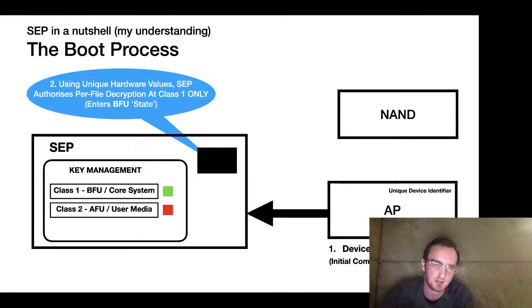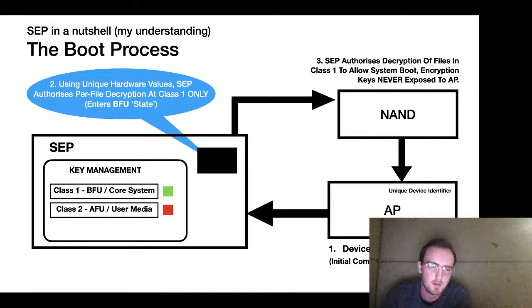All the media files and all the user's data could be marked as class 2 files. So rather than a system where we have to boot into a partition and enter in our PIN and then everything gets decrypted, we now have this hybrid structure where even without a passcode, some files on the system can be decrypted.